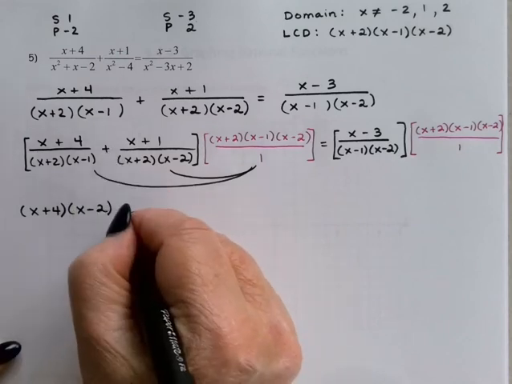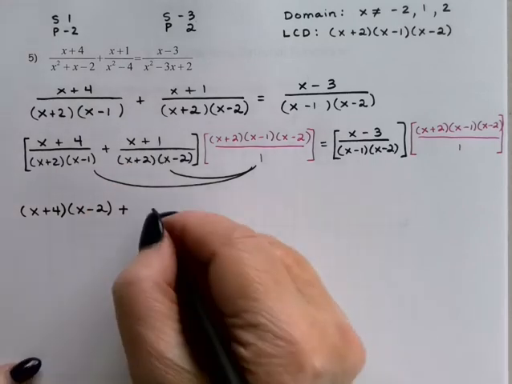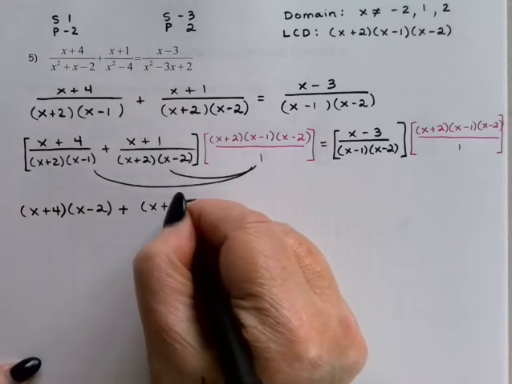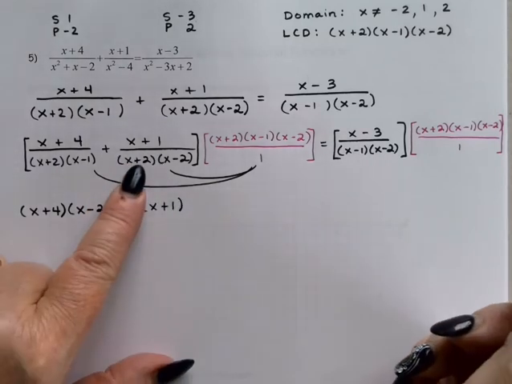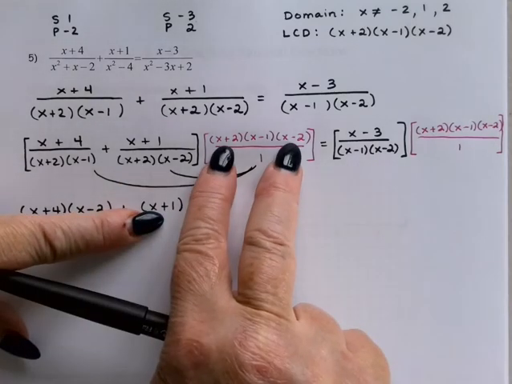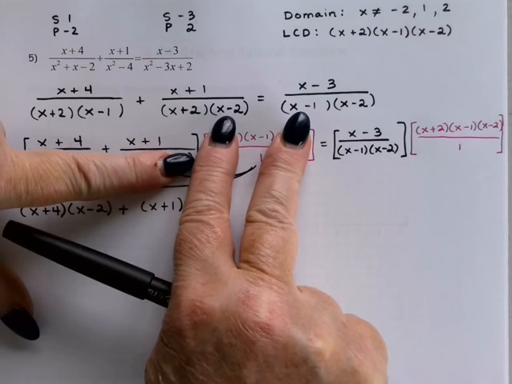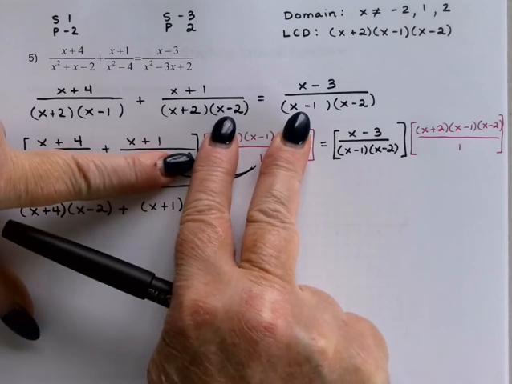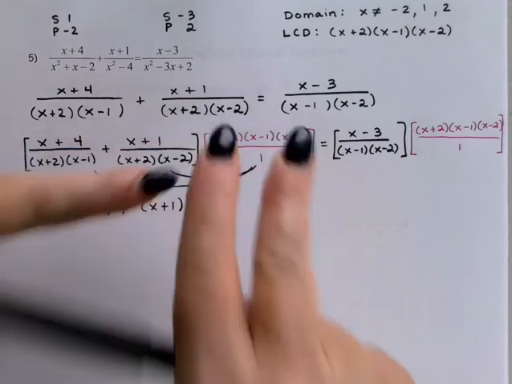Plus, again, I'm definitely going to end up keeping that x plus 1. And here, both the x plus 2 and the x minus 2 are going to divide out. So the only thing left to multiply is the x minus 1.